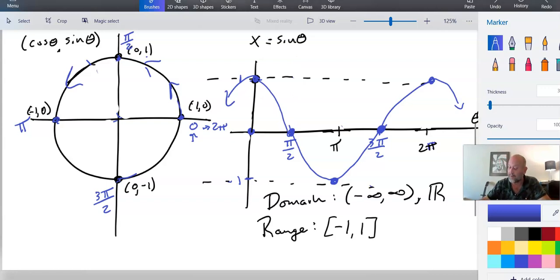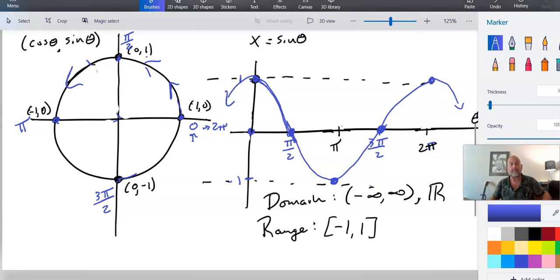But in any case, this is one period of cosine. After anything, if you step onto either side, you're going to be repeating values again. But yeah, this is the cosine graph. It starts at 0, 1, and it goes down through pi over 2 at the x-axis, bottoms out at pi, and comes back up to 3 pi over 2 into the top.